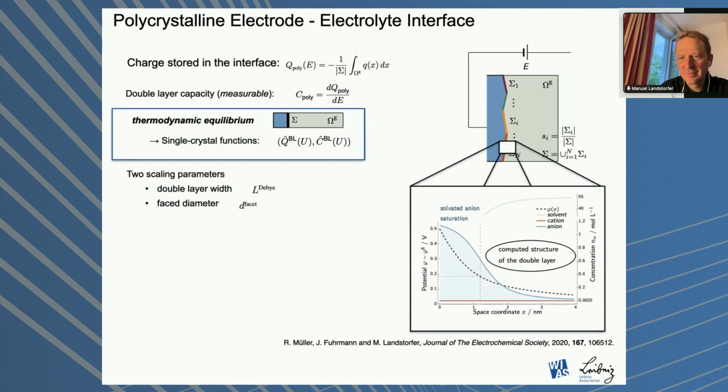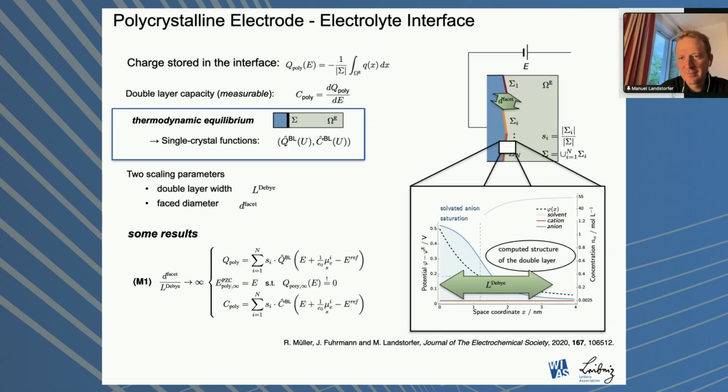So these are the two competing quantities here. And at every facet, you will find space charge layers computed from the very same model which I have just shown you before. And this introduces the Debye length. And here on the top right, you see what introduces the facet size.